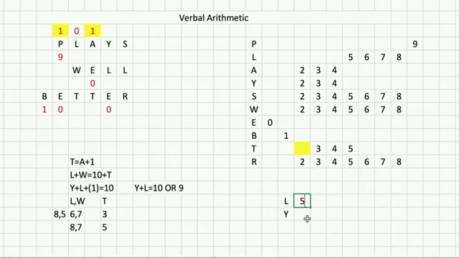So L can be 5 or 6 or 7 or 8, and our Y corresponding to this L in this column 2. Here's Y. So Y can be 2 or 3 or 4, right? So here we will have two values of Y. One with carry, where the sum is 9, and one without carry, where the sum is 10.